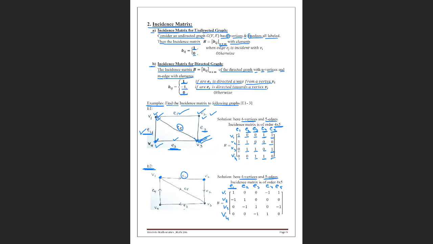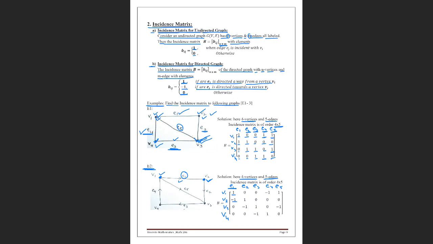And now see this arrow. The arrow is going towards the edge, coming to V2, and the edge is going from V1. So going from V1 means +1, and coming to V2 means -1.